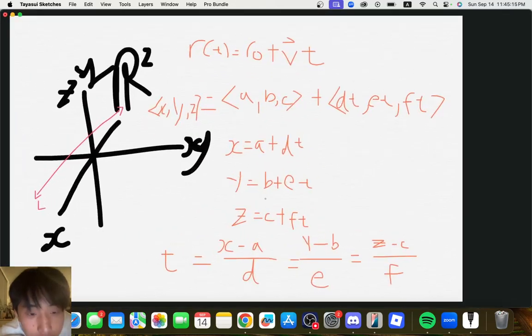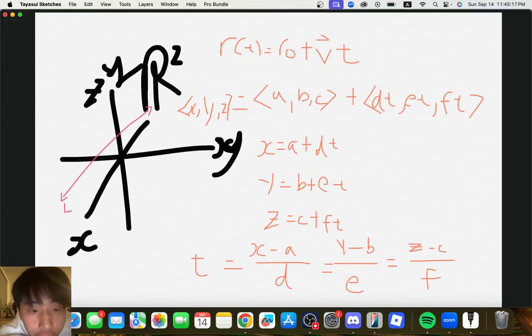So yeah, remember, a line L just needs a parallel vector v and a vector r0, a vector not at the origin, to create a line, such that r0 plus a equals r.